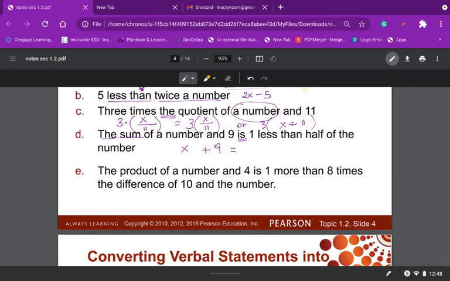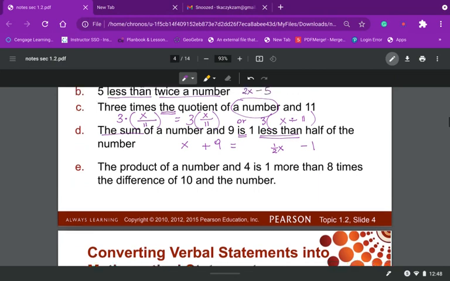Is stands for the equal sign, 1 less than. So again, that word less than. That means I will have to subtract 1 from half of the number. So half of a number will be 1/2 x, because x stands for the number. So this is the equation for sentence D.